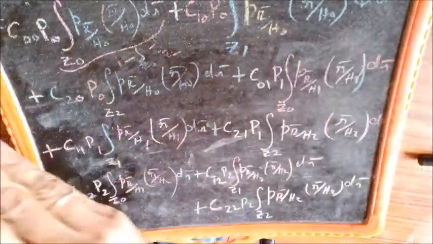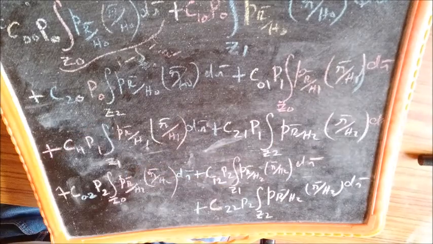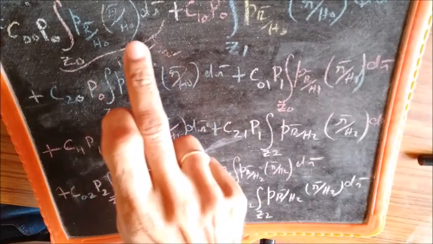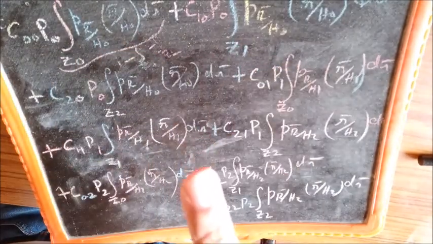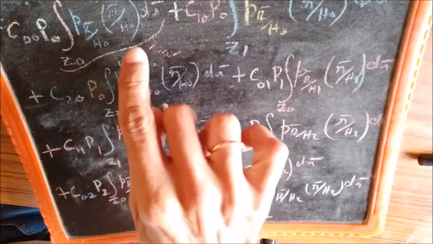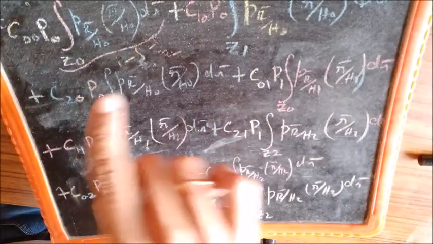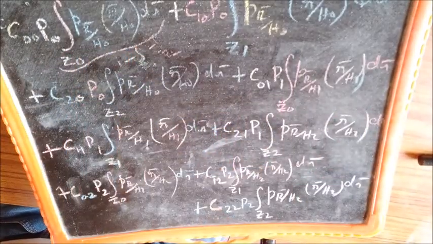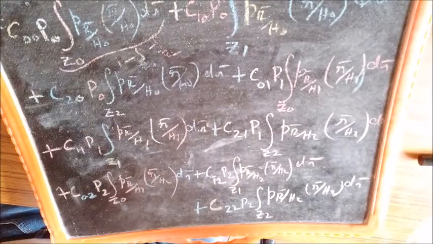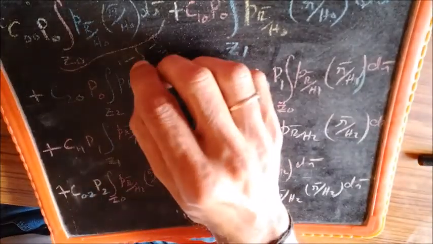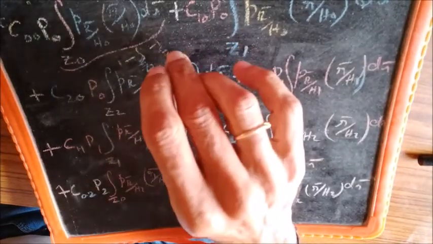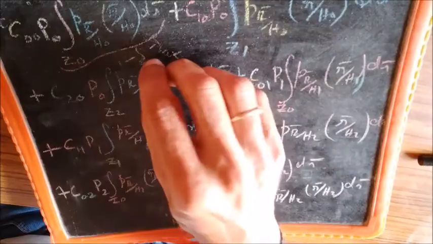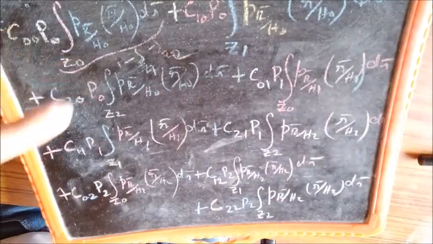This is something that we did earlier also when we discussed the binary hypothesis testing, when we developed the binary hypothesis testing rule. So since this is a density function, if you integrate it over the entire observation space, you will get the result as 1. So the result of integrating it over Z0 has to be 1 minus the result of integrating it over Z1 as well as Z2. So we write it like this.